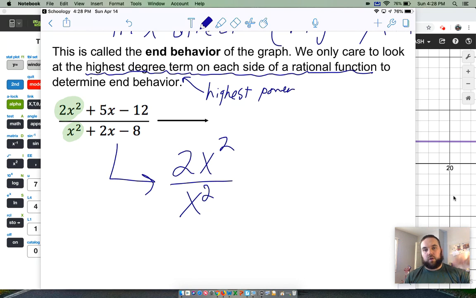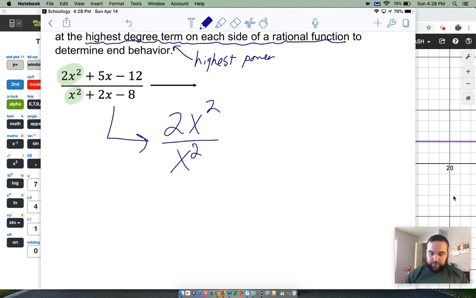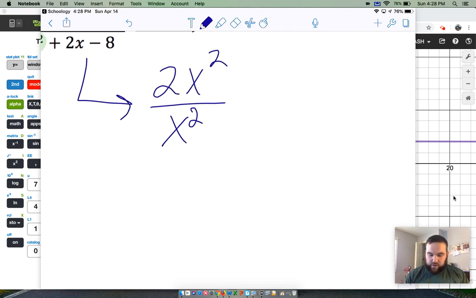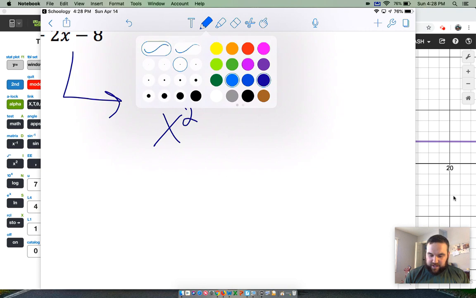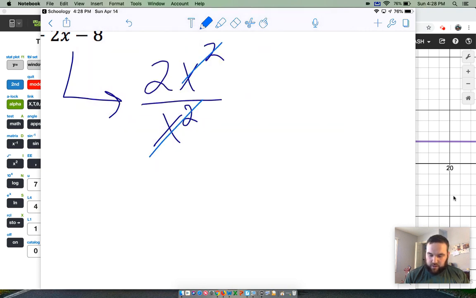Again, ignoring the plus 5x and the minus 12, and this is only to figure out the end behavior and whether there is a horizontal asymptote. If I look at this fraction 2x squared over x squared, I can cancel out the x squareds, and this just becomes 2.